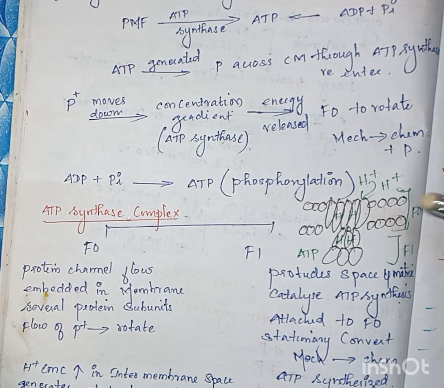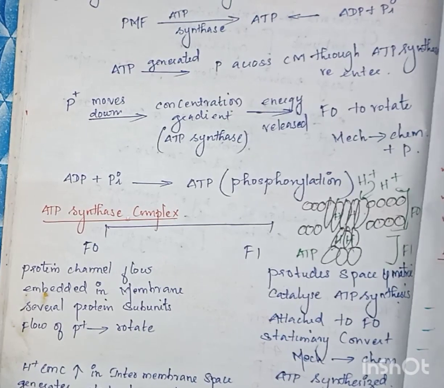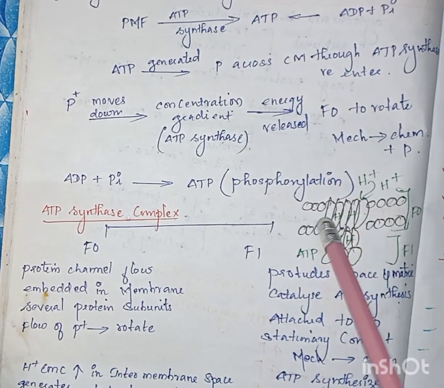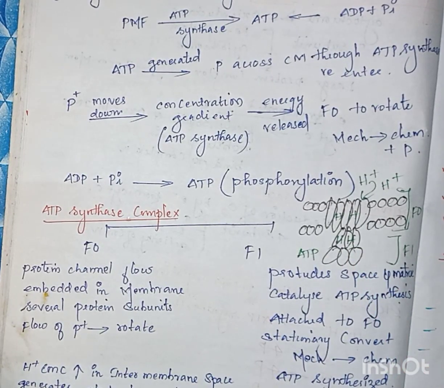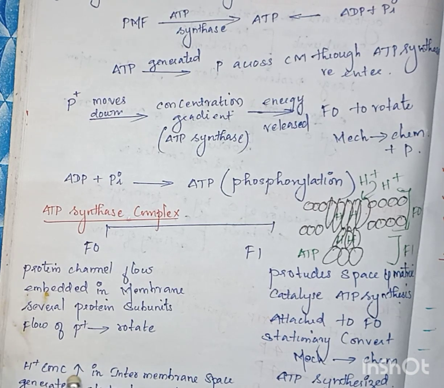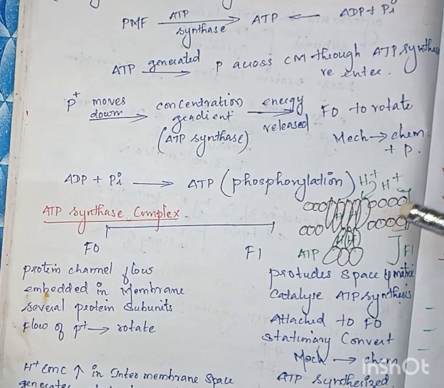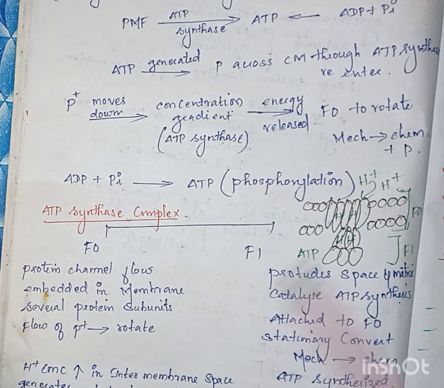According to how much concentration is coming inside, this protein will start rotating. The H plus ion concentration will be higher in the intermembrane space, and it creates certain energy that is called the electrochemical proton gradient.